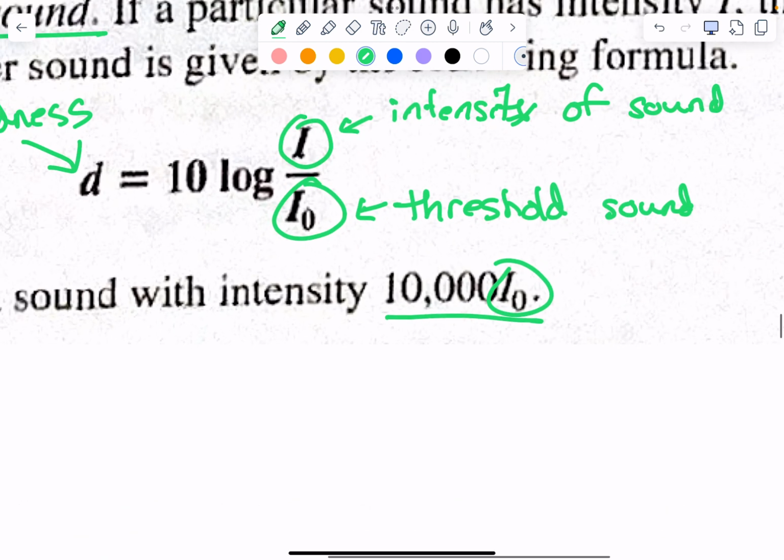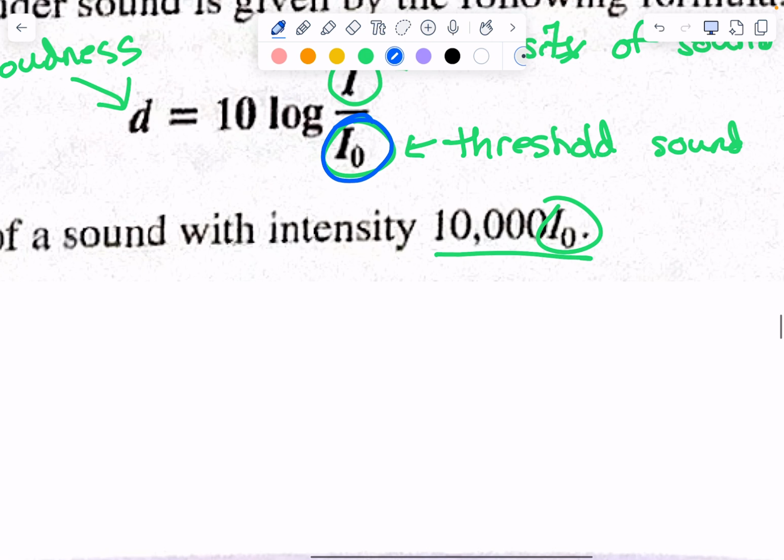We don't even know what the threshold for sound is. You guys probably have a better threshold for sound than I do because my ears are older, right? Your minimum intensity would probably be lower than mine because I can't hear until it's an intensity of so much because I'm old. So we don't even know what this number is, and it probably depends on each individual person. But here's what we have.